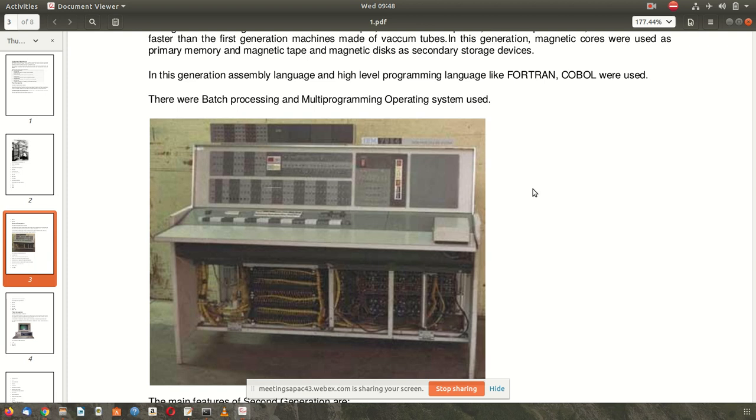The electron beam in the first generation used a vacuum tube, and some improvement was made in the second generation using the transistor. From your higher secondary you remember the transistor. It's a small electronic component, and there are two types of transistor, PNP and NPN.